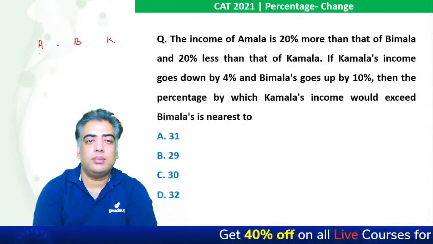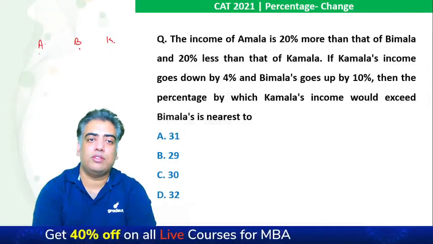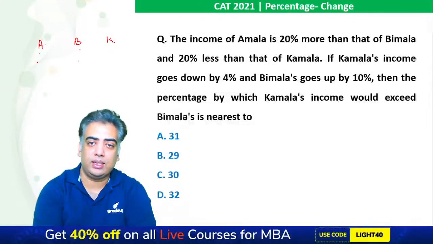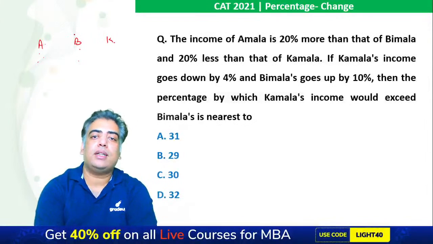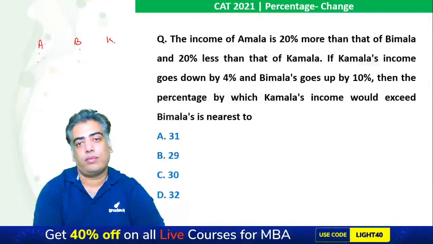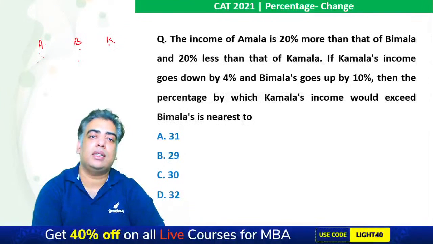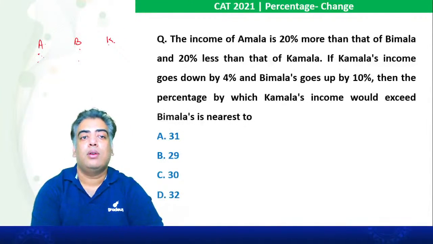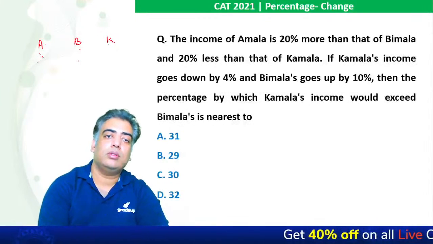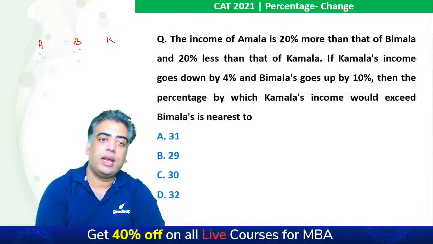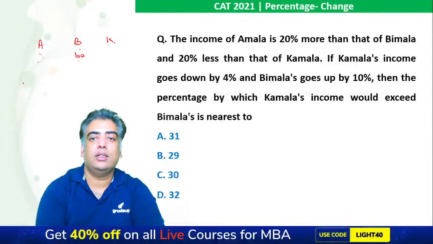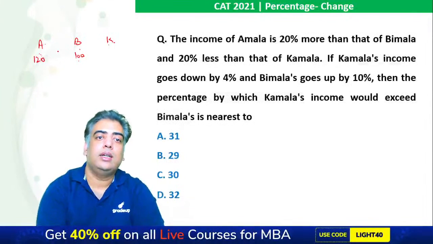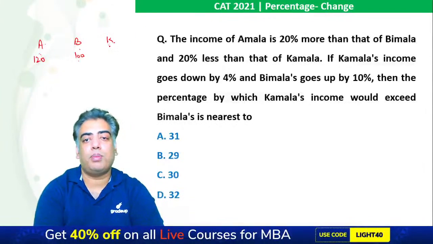If A's income is 20% more than B, so if B is 100, it will be like 120. And 20% less than K, right? So this 120 is 20% less than K, so K will be 120 upon 0.8, right? So if this is 100, A is 120, K is 120 upon 0.8.